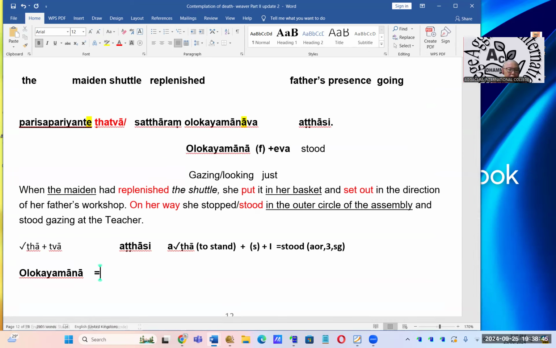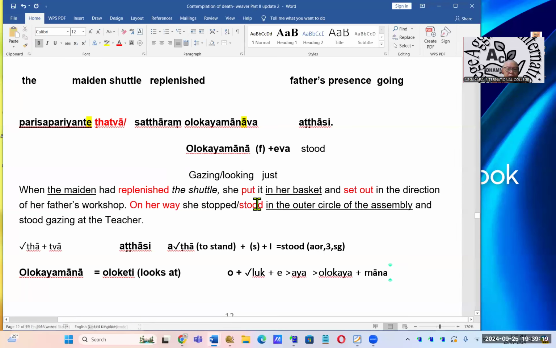Okay, now this word is from the word Ola Keti, all right? Ola Keti means looks at. So the root will be awa, or o prefix, plus the root, plus a here becomes aya, all right? So you get ola, ola kaya, then plus the mana, okay? Mana, as we already explained, is a present participle, so we just translate it with the word ing, right?